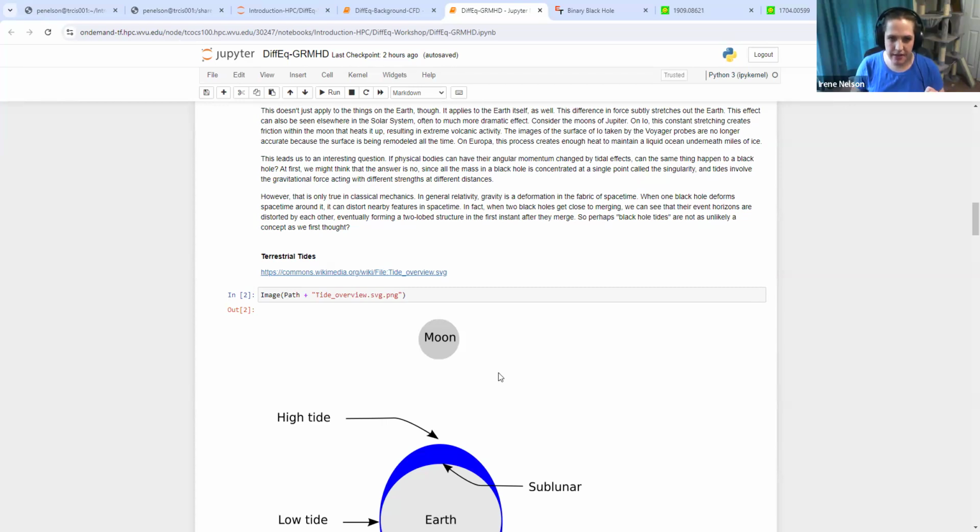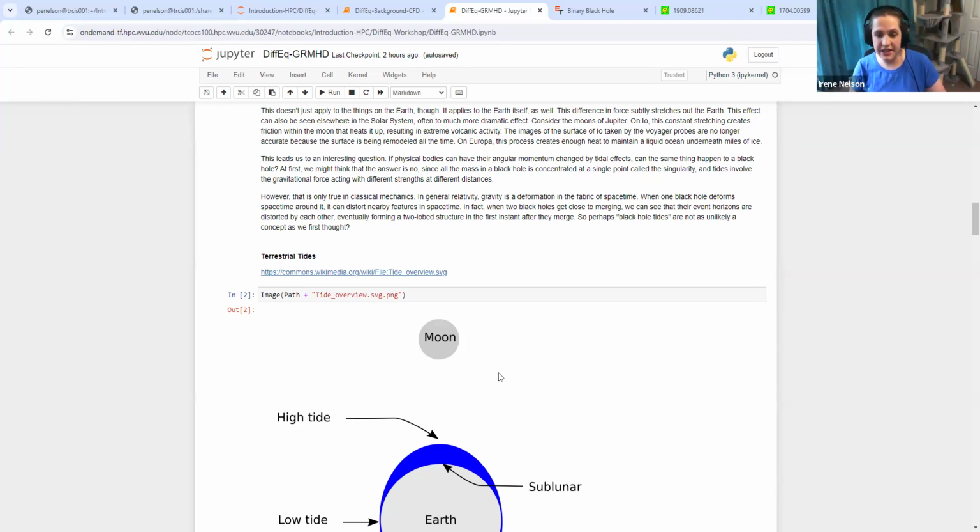However, that concept for tides is only true in classical mechanics. In general relativity, as I mentioned, gravity is more of a geometric effect, a deformation in the fabric of space-time. So when one black hole deforms the space-time around it, it can distort features in the space-time nearby, like the event horizon of another black hole.